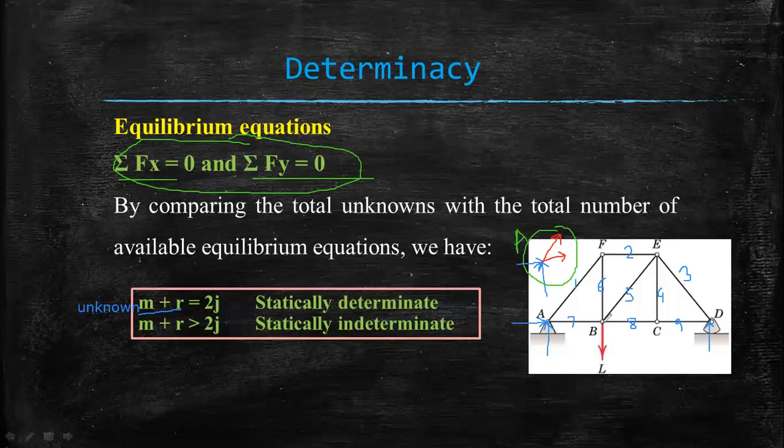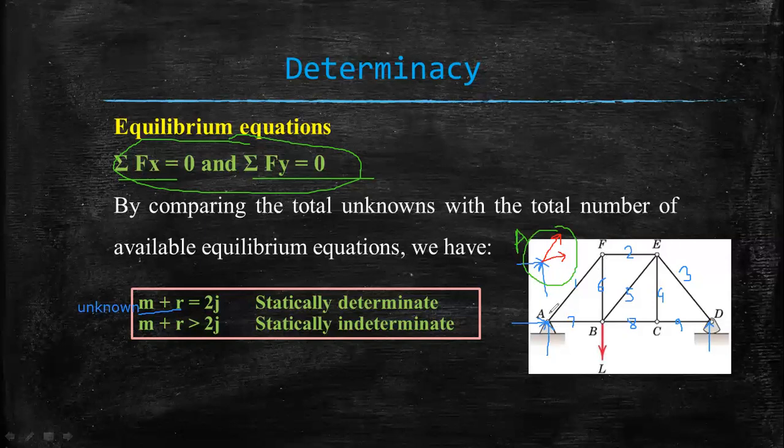If we take joint F, again we will get another two equilibrium equations. So for n number of joints, we will get 2 into n equilibrium equations.